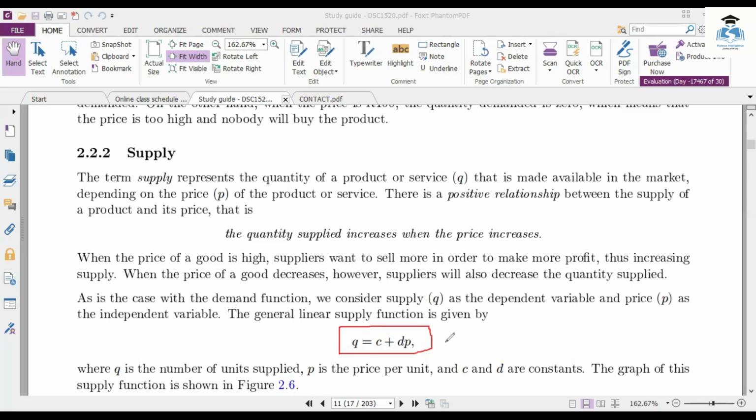Remember, for the demand, it's Q equals A minus B times P. Then for supply it will be this, where Q is the number of units supplied, P is the price per unit, and C and D are constants. Okay.